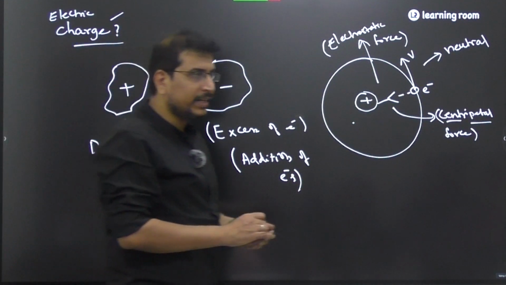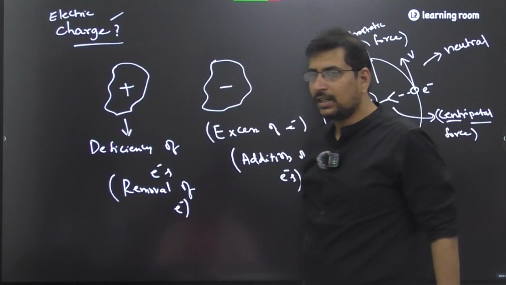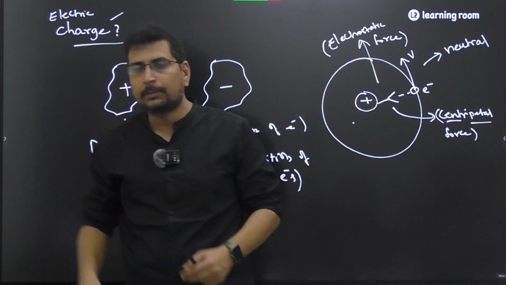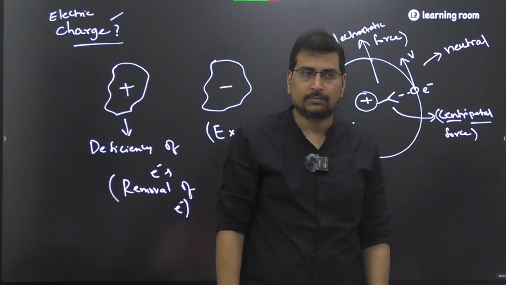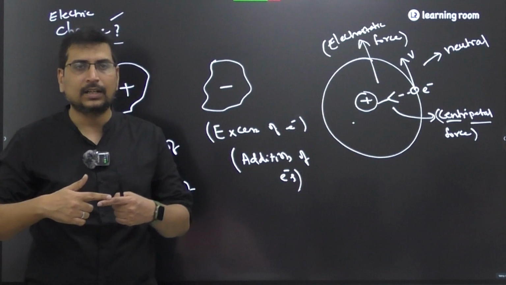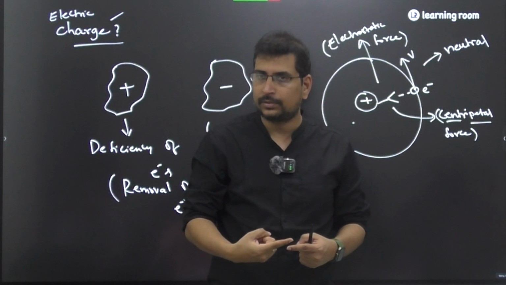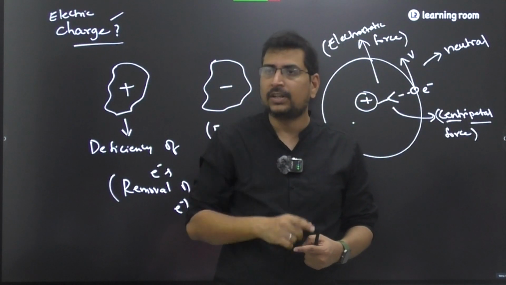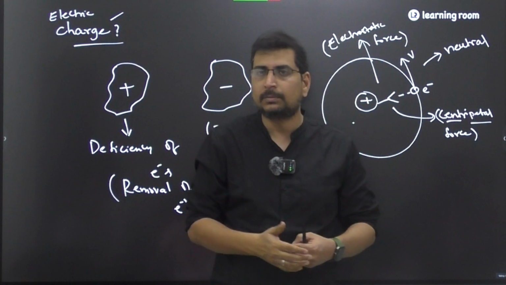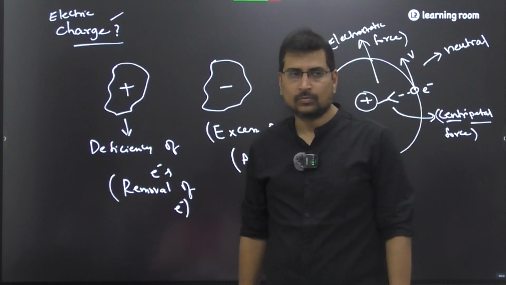So, when they get combined together, can I say the positive charge or negative charge will start exerting force on the neighboring particles? Are you able to understand what I am trying to say? Positive charge or negative charge will start exerting force on the neighboring particles, and that property due to which it is able to exhibit that kind of a force is what is called charge.